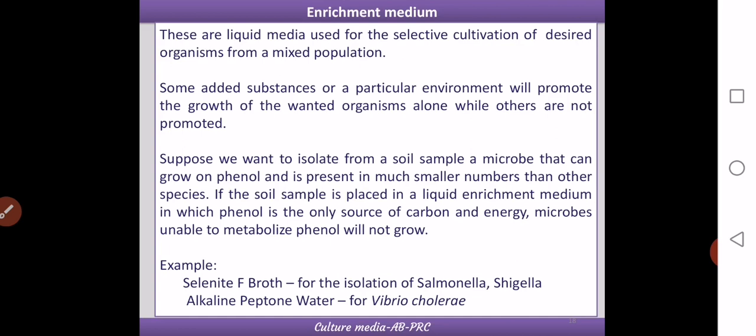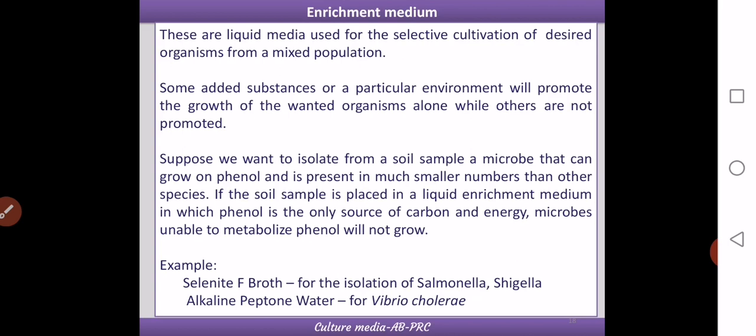Okay. Then the second special medium we are discussing is enrichment media. These are liquid media used for selective cultivation of certain organisms from a mixed population. Suppose you have a sample, maybe a soil sample or water sample, and a number of bacteria are present in it. If you want to isolate a single organism from that mixed pool, in that situation you can use media like enrichment media.